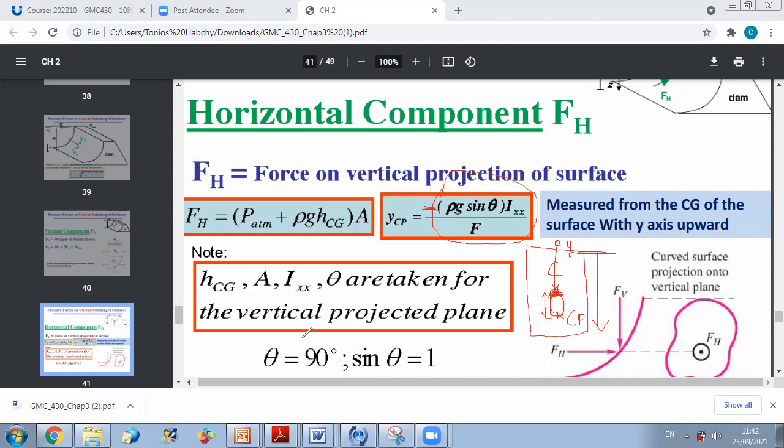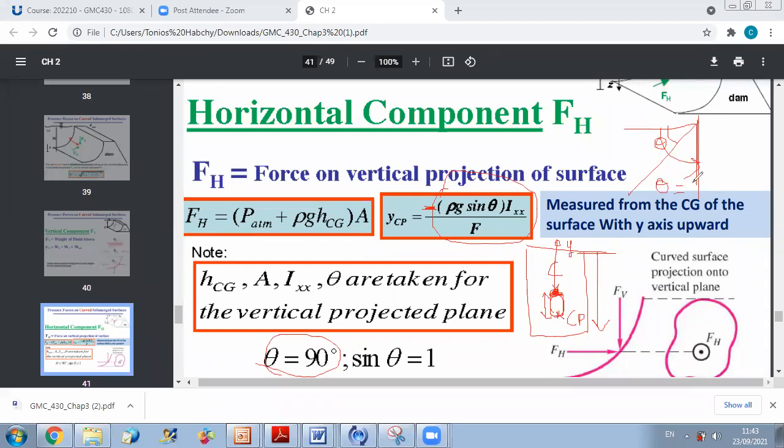And now, since we are considering vertical projection, what is theta then? Theta is 90, okay? Because this demonstration was for any flat surface with any orientation theta. Now, since we are projecting the curved surface on the vertical plane, theta will always be 90 for our projection.